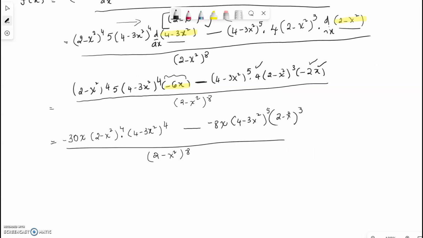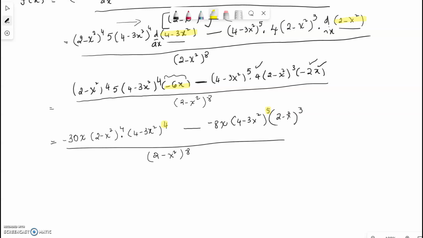So now the differentiation is done, and all we have to do is factor the expression in the numerator and try to simplify as much as possible. So we're looking at 4 minus 3x squared to the 4th power and 4 minus 3x squared to the 5th power.